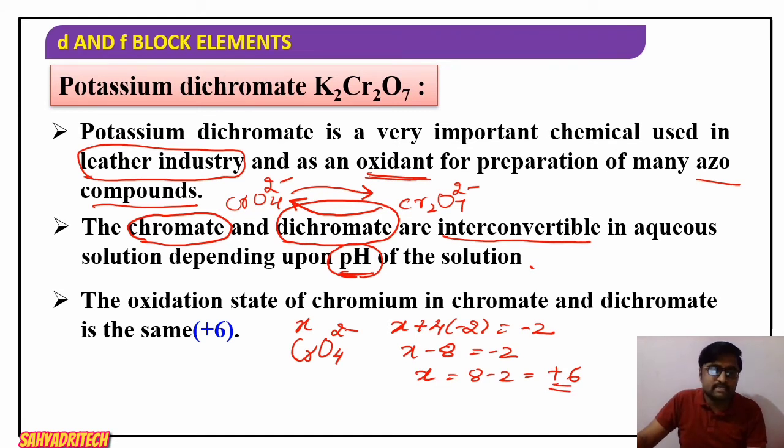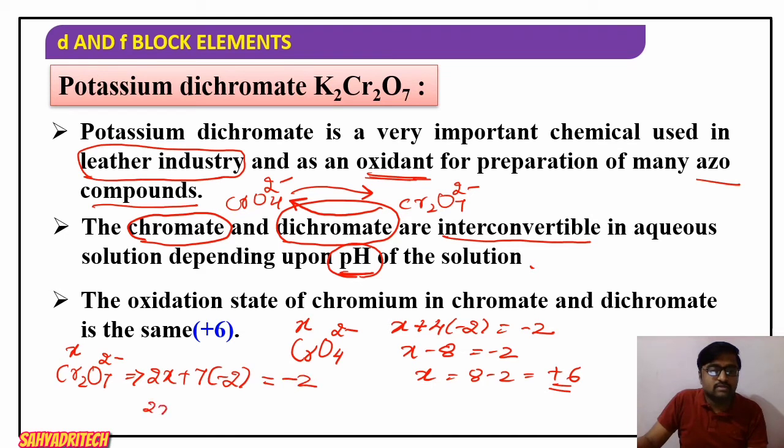Similarly, for dichromate, Cr2O7 2 minus ion, again let the oxidation state be X. So 2X plus 7 into oxygen minus 2 is equal to the net charge, minus 2.